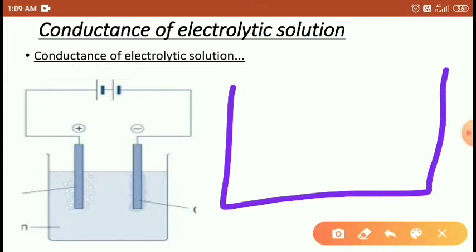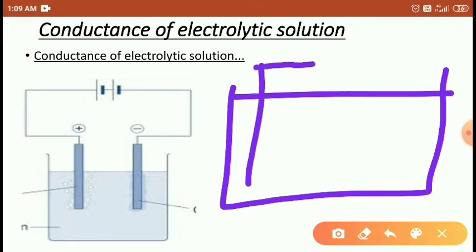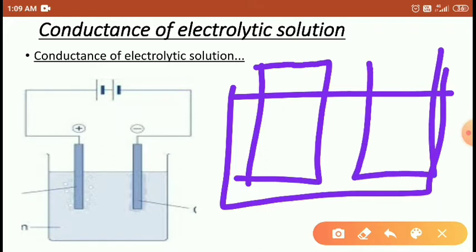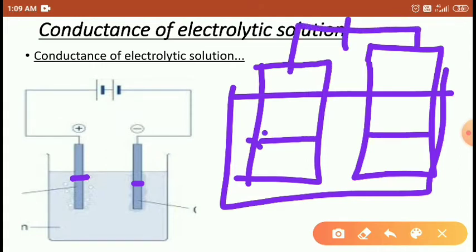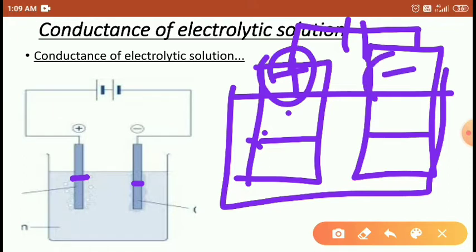if in the same solution the area of the electrodes is increased, here is the small area and this is the large area. When the area of the electrodes increases, the current travels more easily from the positive end to the negative end.